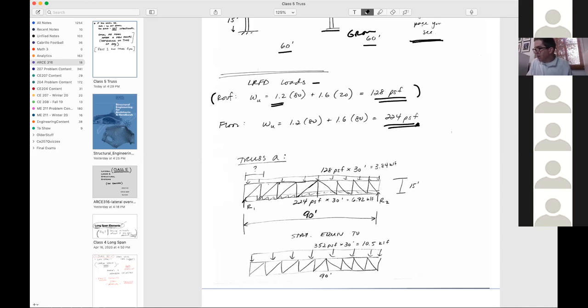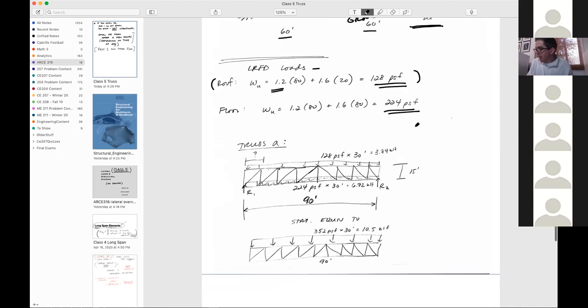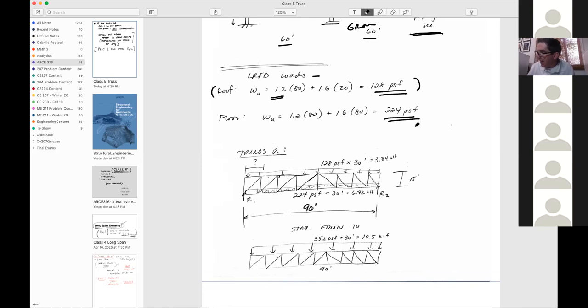So I'm going to take a look at truss A here for just a minute. The way that the load flows, we'll end up designing truss A because truss A is held up by truss B. So truss A is 90 feet in length. It's going to be 15 feet tall. And the point of what I want to talk about here is that you've got a roof load.